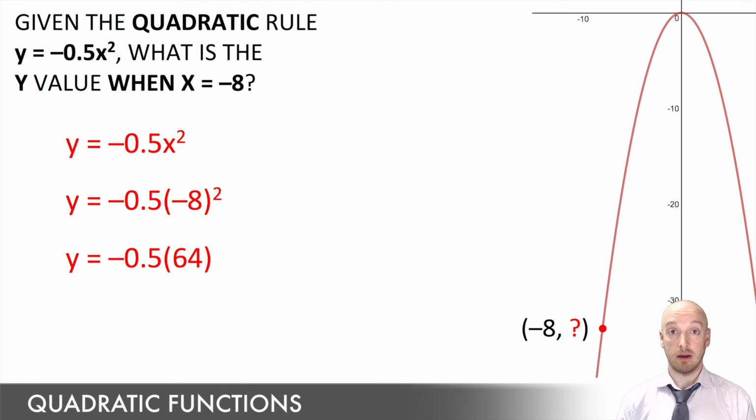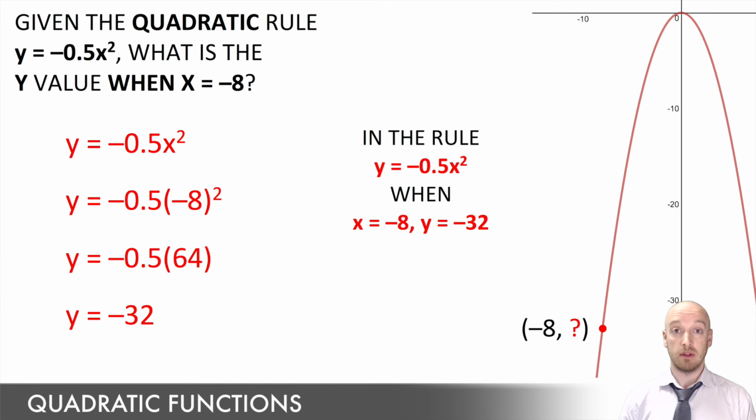So what I've got is y equals negative 0.5 times positive 64. And when I multiply negative 0.5 times positive 64, I get an answer of negative 32. So the answer here is that given this rule, y equals negative 0.5 x squared, when x is negative 8, y is negative 32.